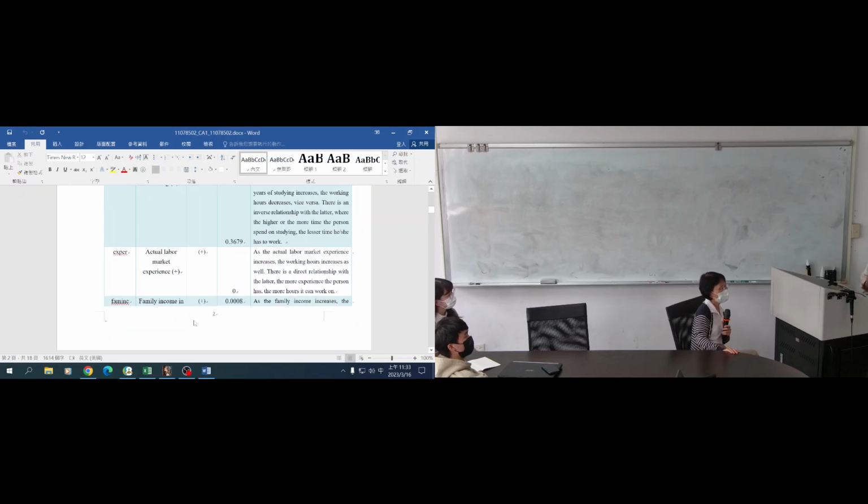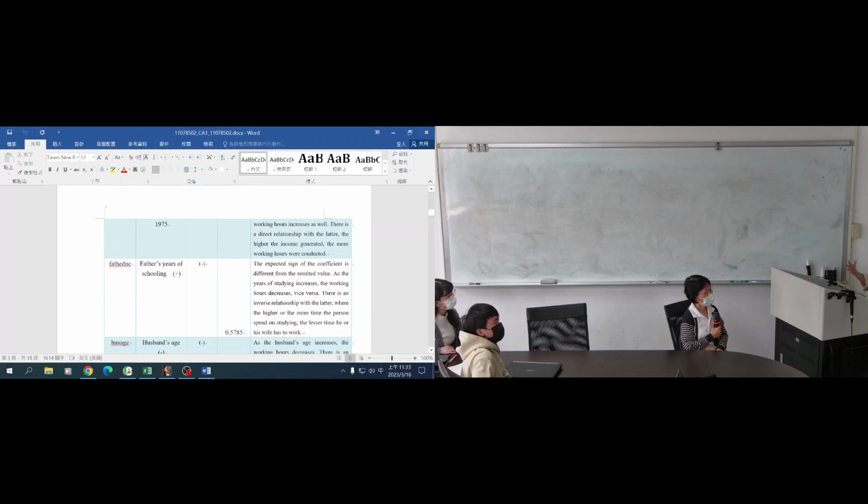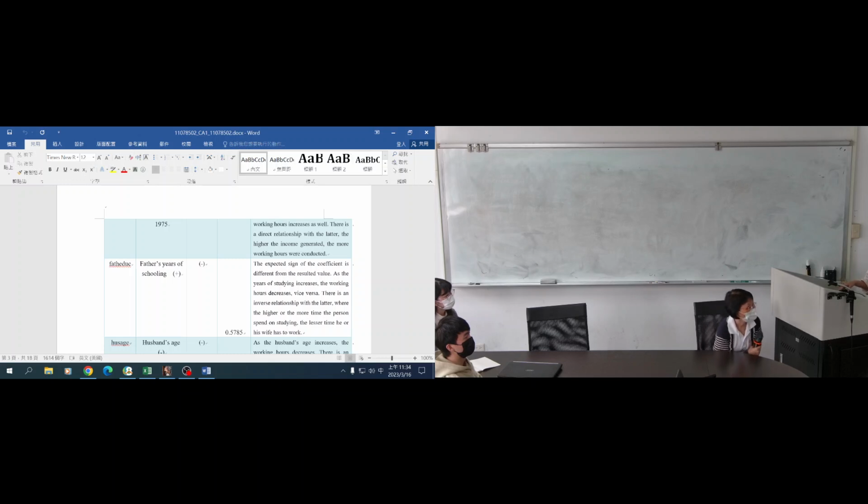For the actual labor market experience, we got the same sign, and also for the family income. For the father's years of schooling, the expected sign is also different from the resulted value. So as the years of studying increases, the working hours decrease. Maybe the more time the person spends on studying, the less time his child has to work.